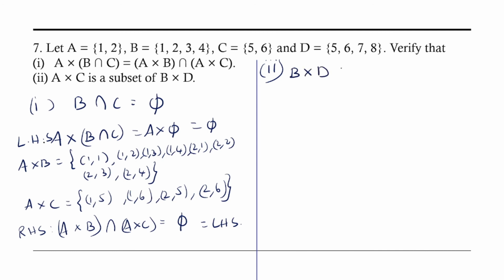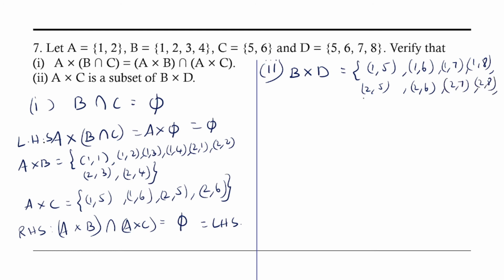B cross D is equal to the ordered pairs (1,5), (1,6), (1,7), (1,8), then (2,5), (2,6), (2,7), (2,8), then (3,5), (3,6), (3,7), (3,8), then (4,5), (4,6), (4,7) and (4,8).